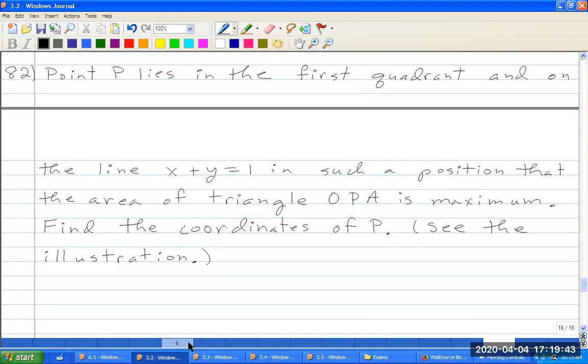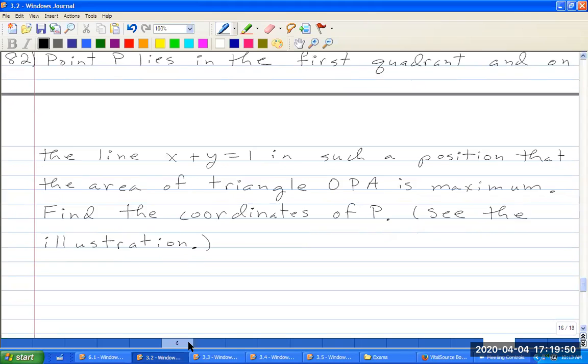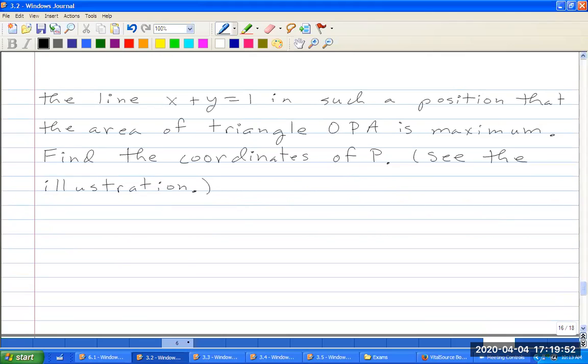The point P lies in the first quadrant and on the line x plus y equals 1.